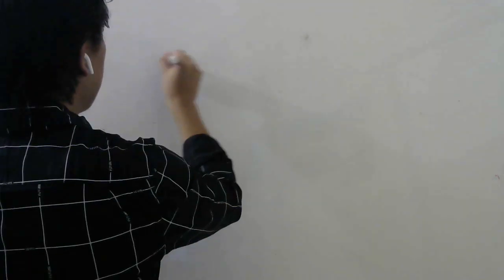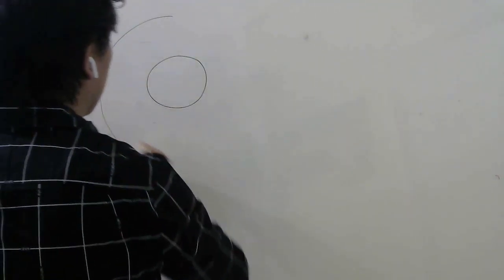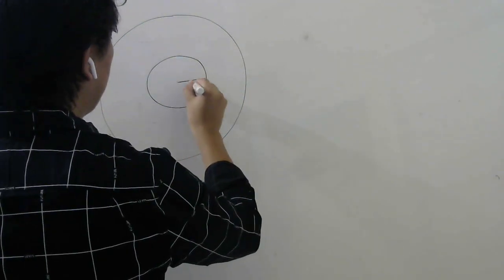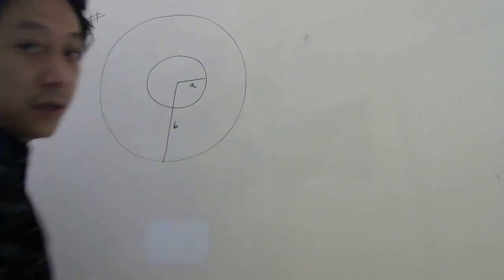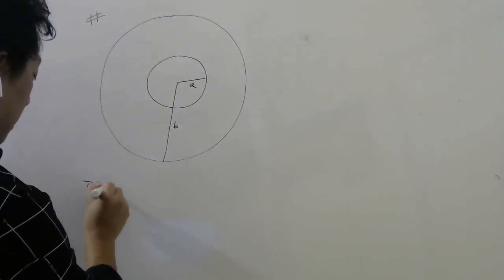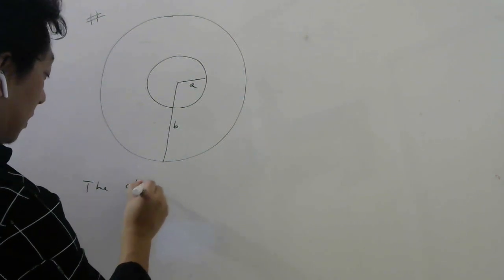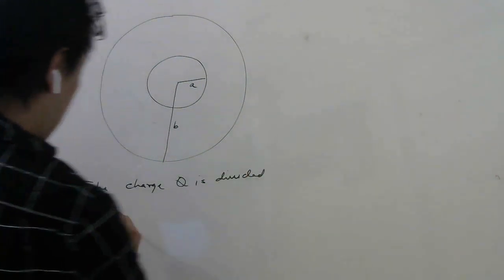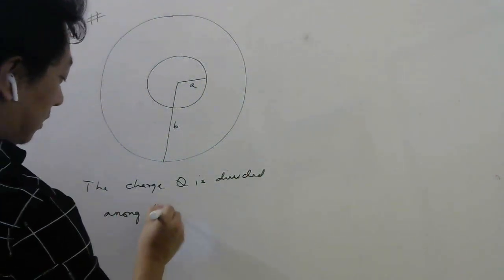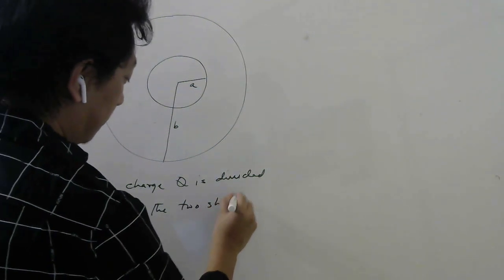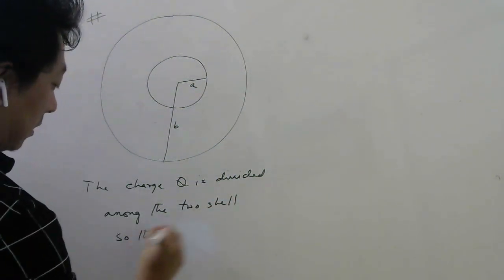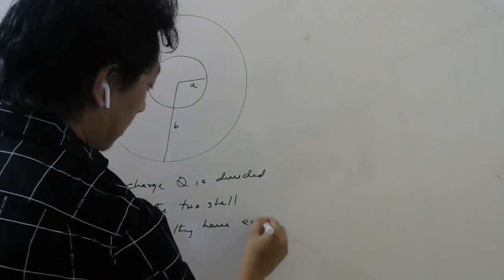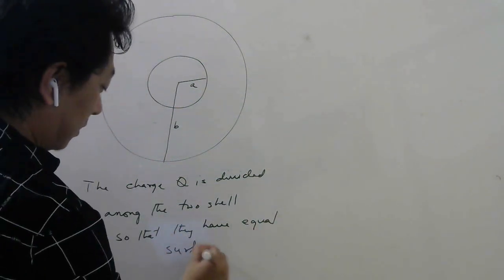What I'm going to tell you is, I have two concentric spheres, radius is suppose a and b. Okay, and what I'm saying is the charge capital Q is divided among the two shells so that they have equal surface charge density.